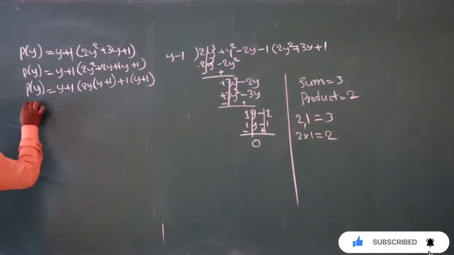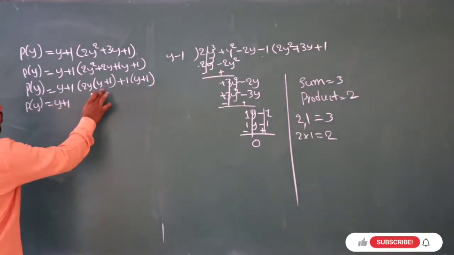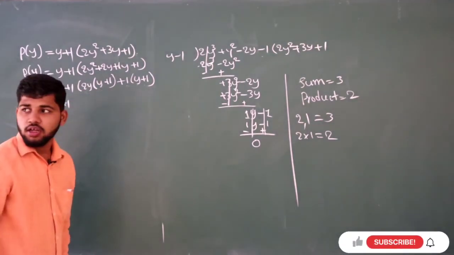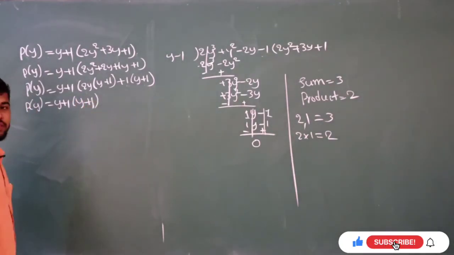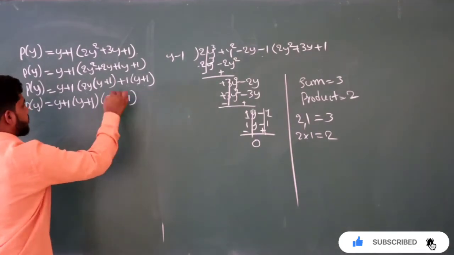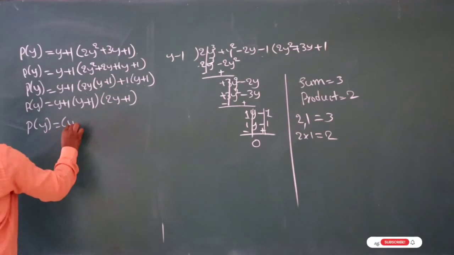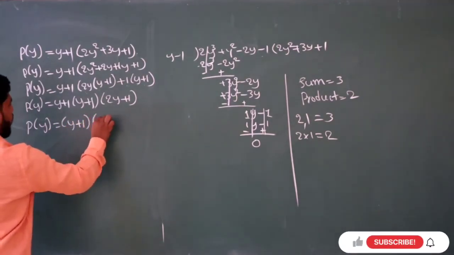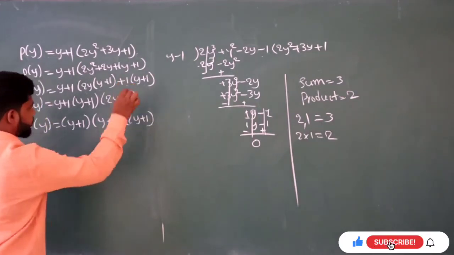Now P of y is equal to y plus 1 and y plus 1 are common. Taking y plus 1 common, what remains here? 2y plus 1. Now P of y is equal to y plus 1 and y plus 1, and lastly 2y plus 1.